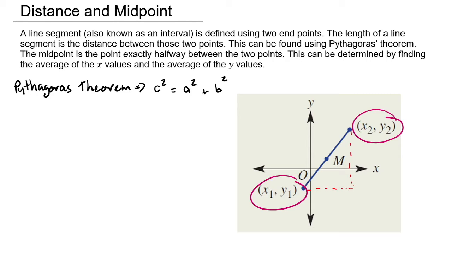It becomes then, instead of being c squared, because when we do this, we can go c equals the square root of a squared plus b squared. So this is where we end up to find our solutions. This relates to what we're doing here.